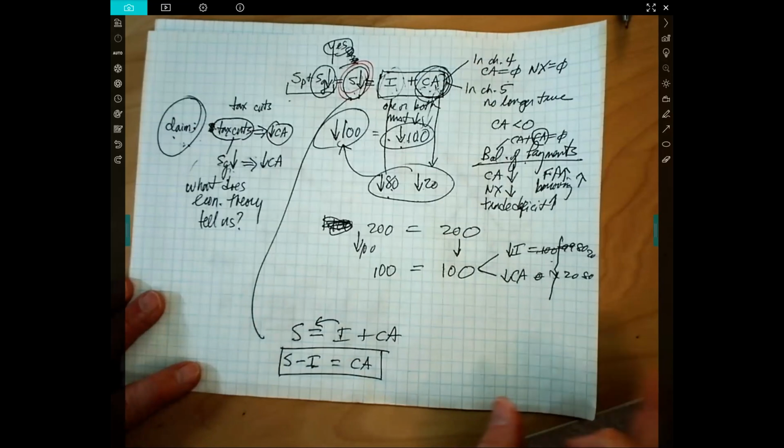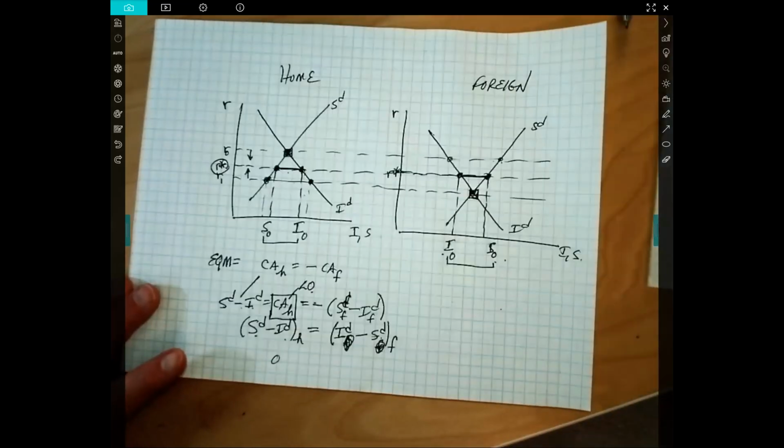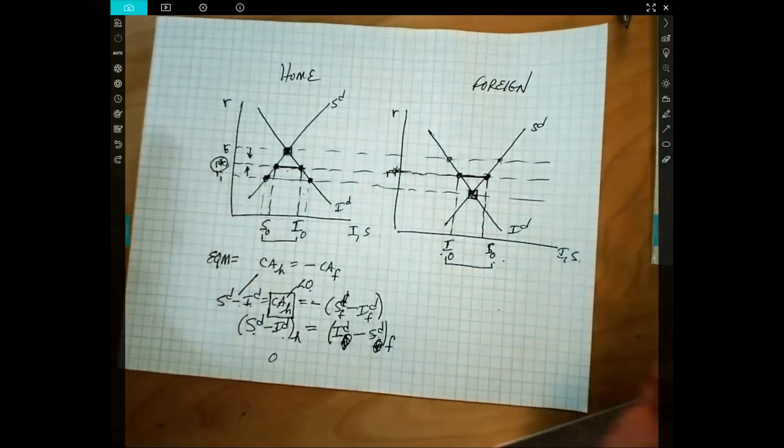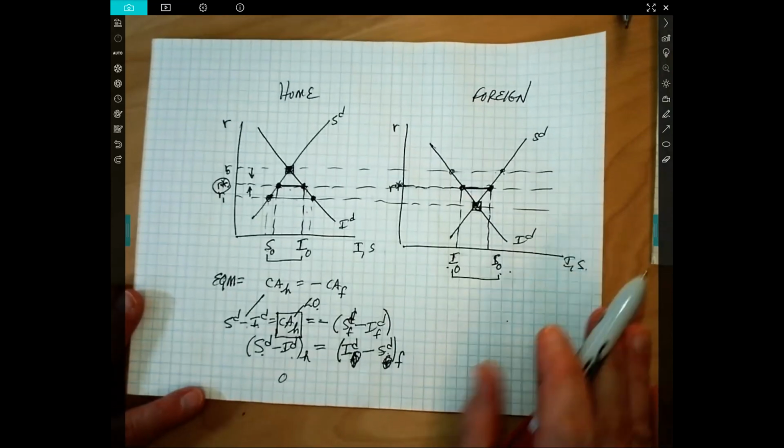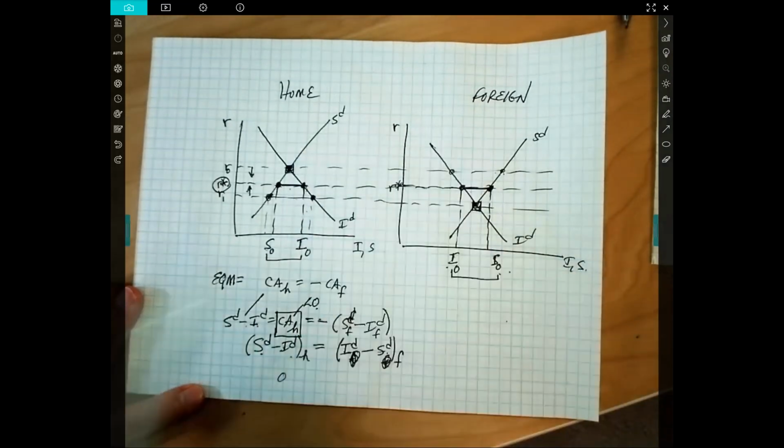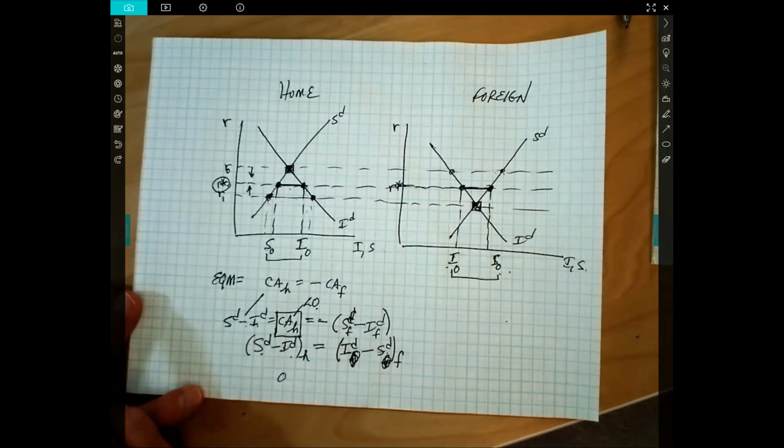That's what we're doing. Which market? Well, we know it's a goods market. But is something going to happen in the home or the foreign? Budget deficits go up in the US due to tax cuts. What happens? Where do I start the analysis?